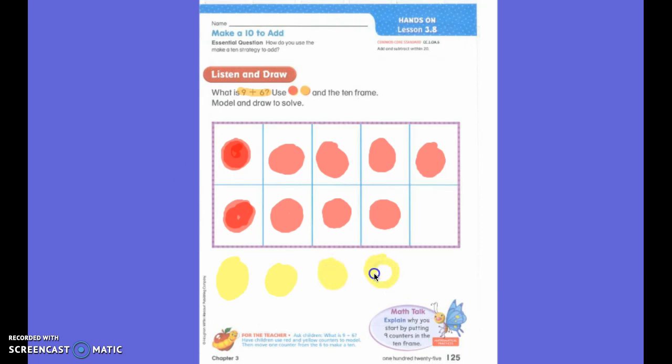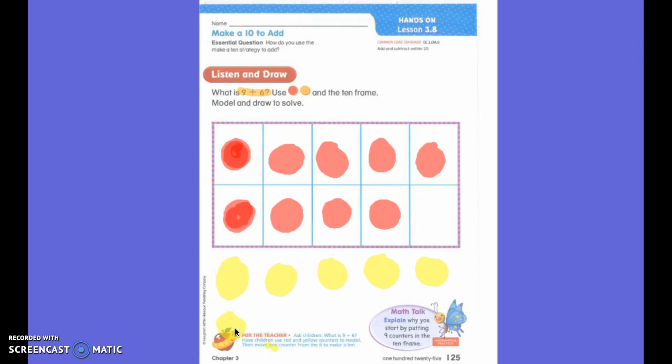3, 4, 5, 6. Okay, remember what I just said before I did this 10 frame? When I fill up my 10 frame, how many do I know I have in there? 10. You are exactly right.